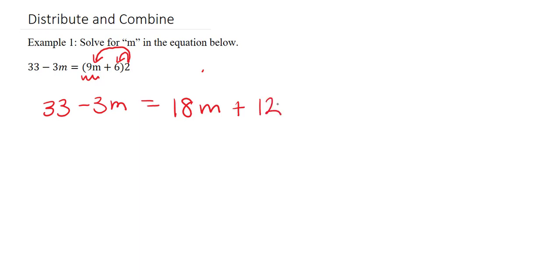So as we look at this, we have minus 3m and 18m. So let's go ahead and get this all on one side for the m's. So I'm going to decide to move this minus 3m to the right hand side of the equation sign. So I'm going to add 3m to both sides.